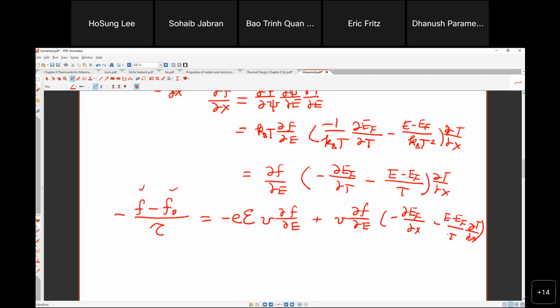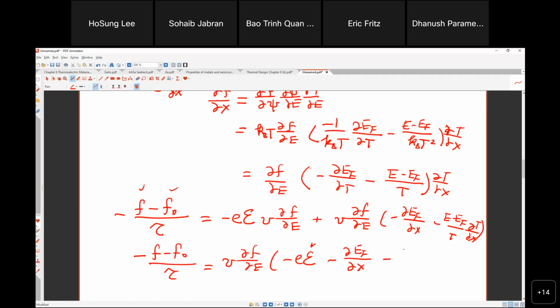So this is an external force, external electric field, and then Fermi energy gradient. This is so interesting.